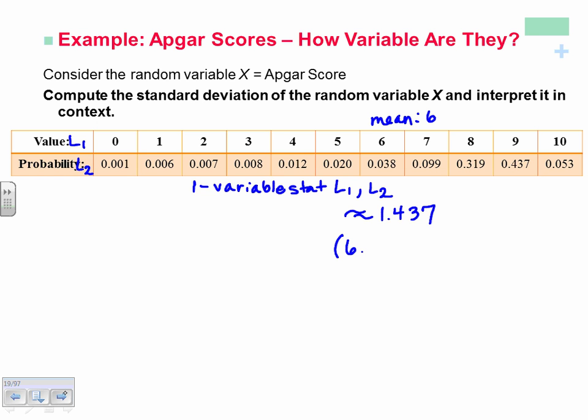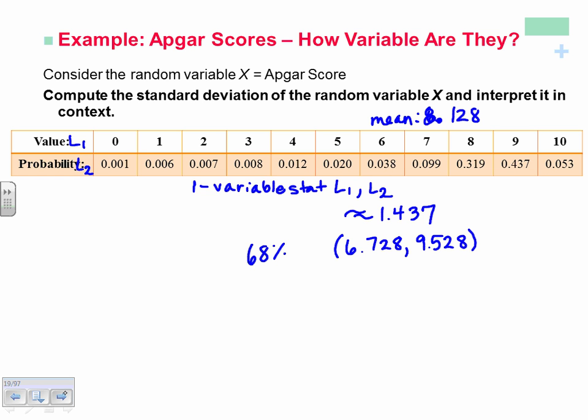If we remember back a little bit ago, it was 8.128. So if I go out 1 standard deviation backwards and forwards, about 68%, if we remember that empirical rule, about 68% of APGAR scores fall within this interval.